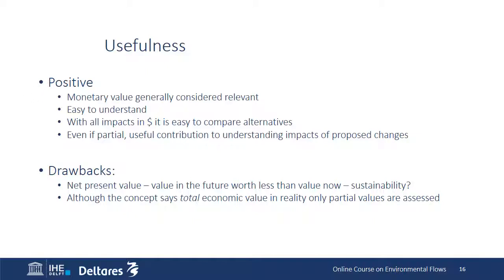But the wetland may provide the same services for hundreds of years or even longer. The fact that this wetland has the same value over a very long period is lost by using this discounting method. So there is a major drawback which makes it very hard to compare the values of ecosystems to the values of interventions.